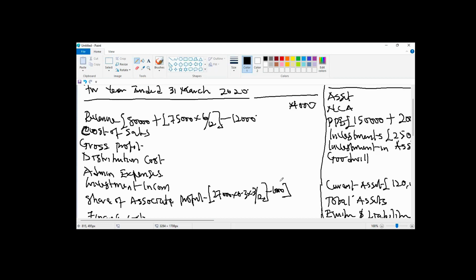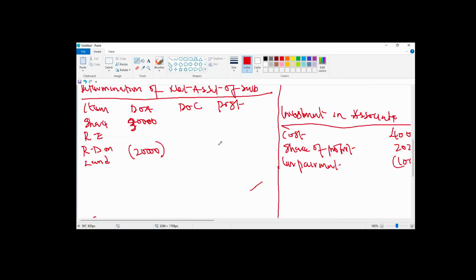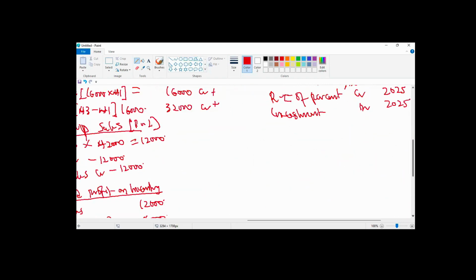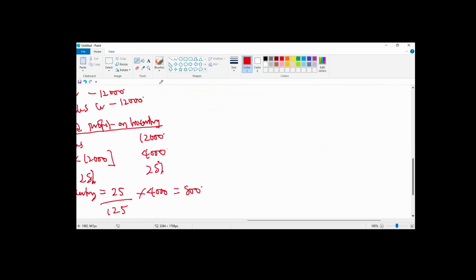With this now, I can consolidate, but I need to determine the net assets at the date of acquisition. I need the retained earnings. I will apply the formula: retained earnings at the date of acquisition, plus profit or loss for the year, equals retained earnings at SOFP. What is the retained earnings at SOFP? 113.